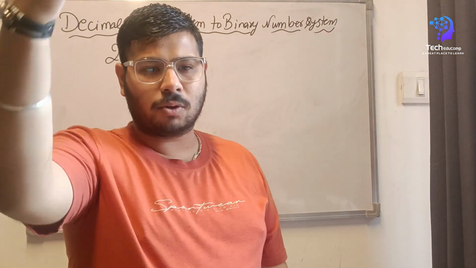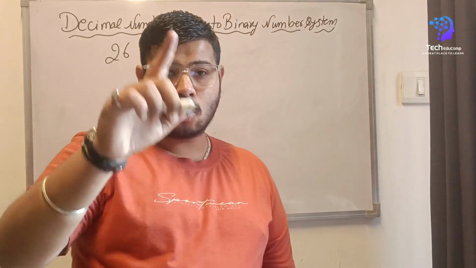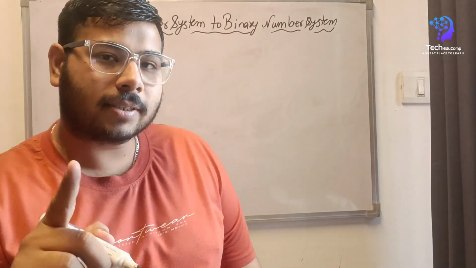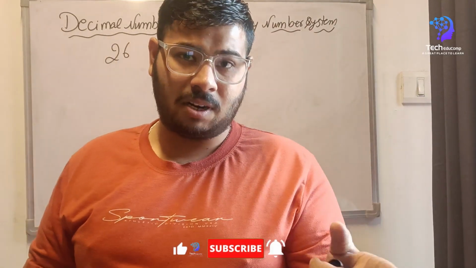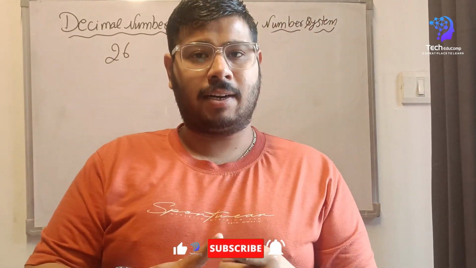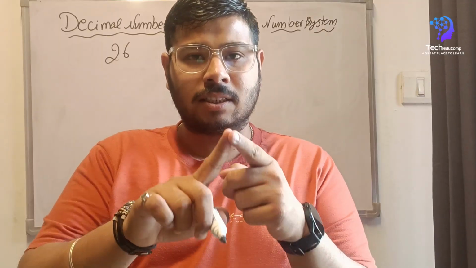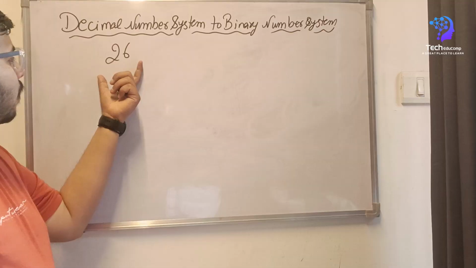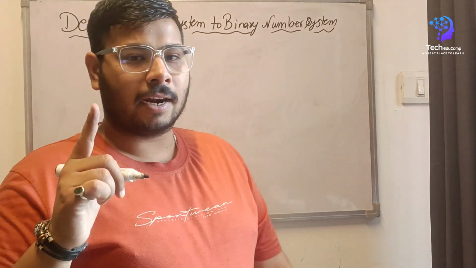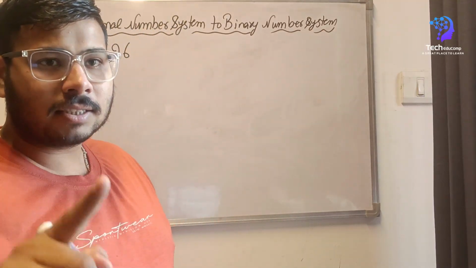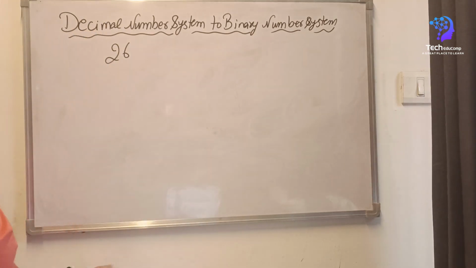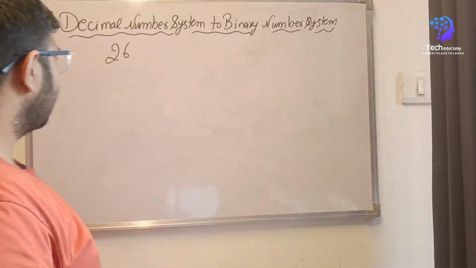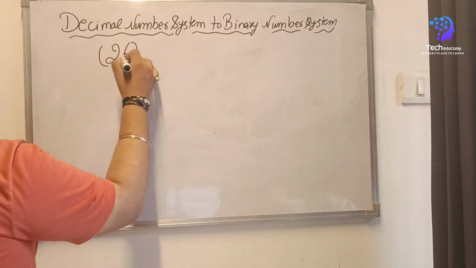How can you recognize that this is a decimal number, but not an octal or hexadecimal number? Because octal and hexadecimal also use the digits 0 to 7 and 0 to 9. So how can you recognize that this is a decimal number? For that, you have to look for its base. The decimal number system has a base of 10.